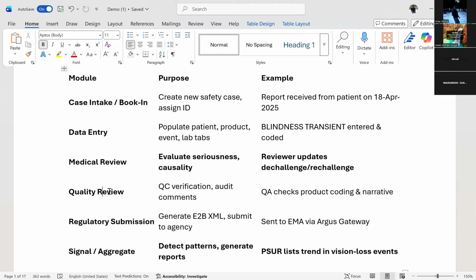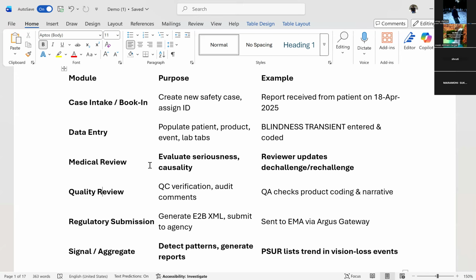Some companies process cases using chatbots or models. Some companies are developing their own completely AI-based databases so that they can replace the traditional safety databases.